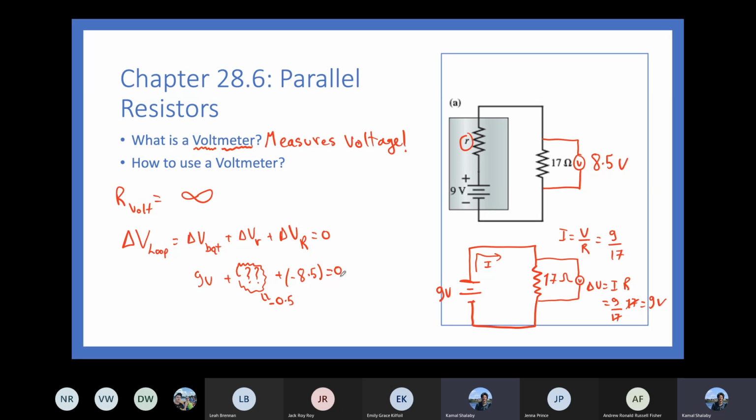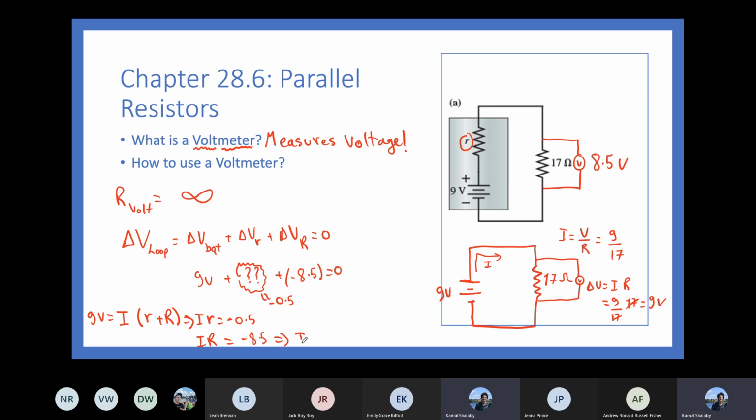So then you can easily find the resistance as follows. You do have 9 volts equal to I times small r plus big R. That means small r is equal to negative half, I times big R is also equal to negative 8.5.